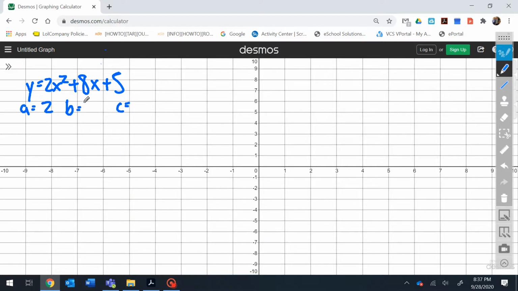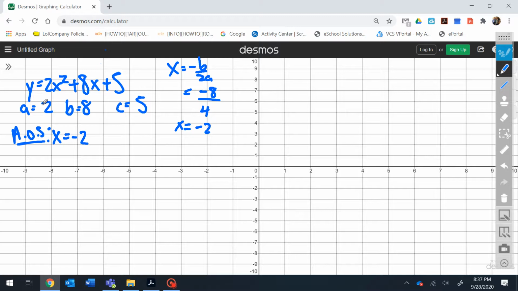A is 2, b is 8, c is 5. The axis of symmetry we will find by doing x equals negative b over 2a. So that's negative 8 over 2 times 2, so that's 4. So negative 2. So the axis of symmetry is x equals negative 2.